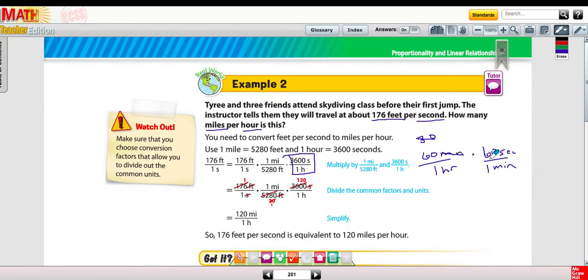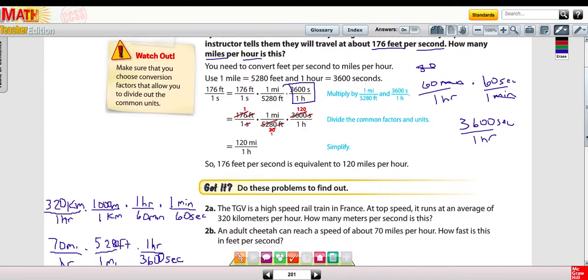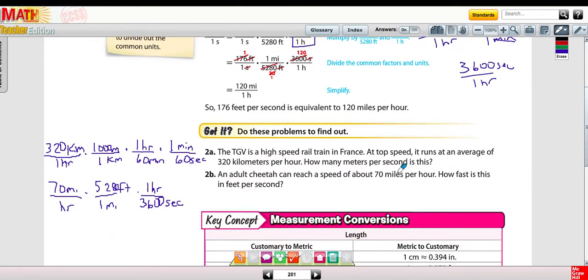Notice how I wrote those across from each other so they could cancel out. And 60 times 60 is 3,600. So there are 3,600 seconds in 1 hour. And again, if you don't want to memorize that, I'll show you on the example problems how you can do that either way. So for 2A and 2B, go ahead and write these down in your notes.